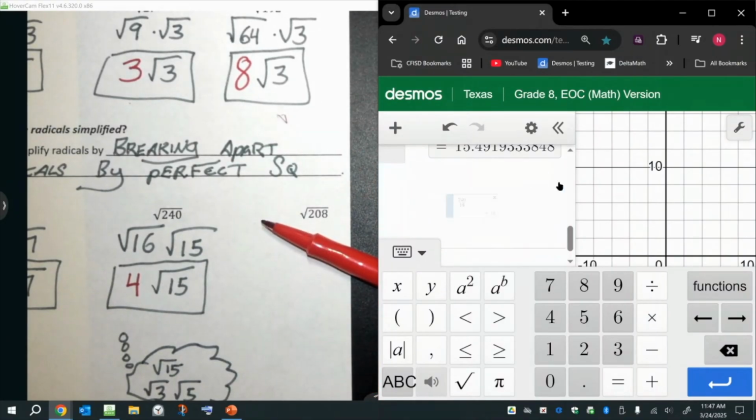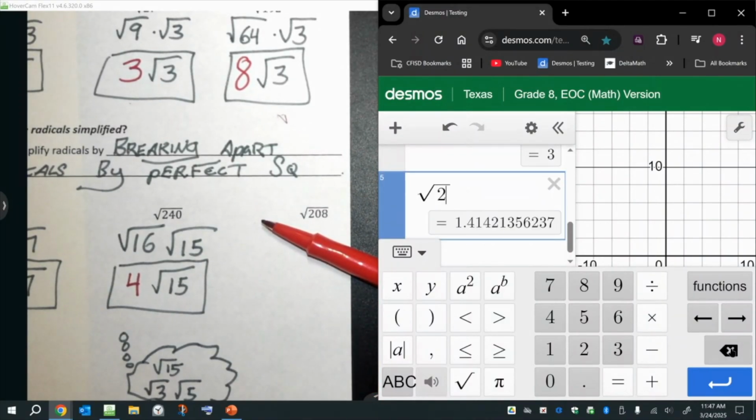All right, so let's try the next one. 208. Is 208 a perfect square? No, it's not a perfect square.